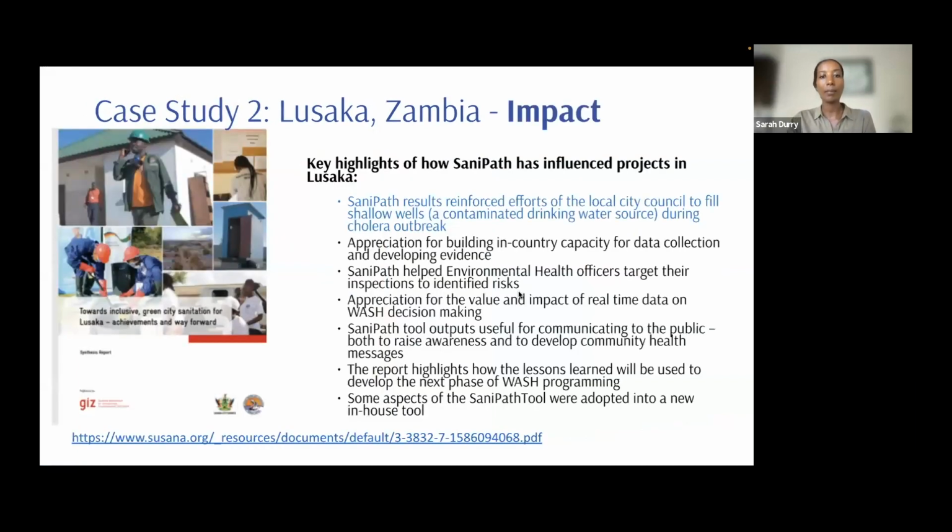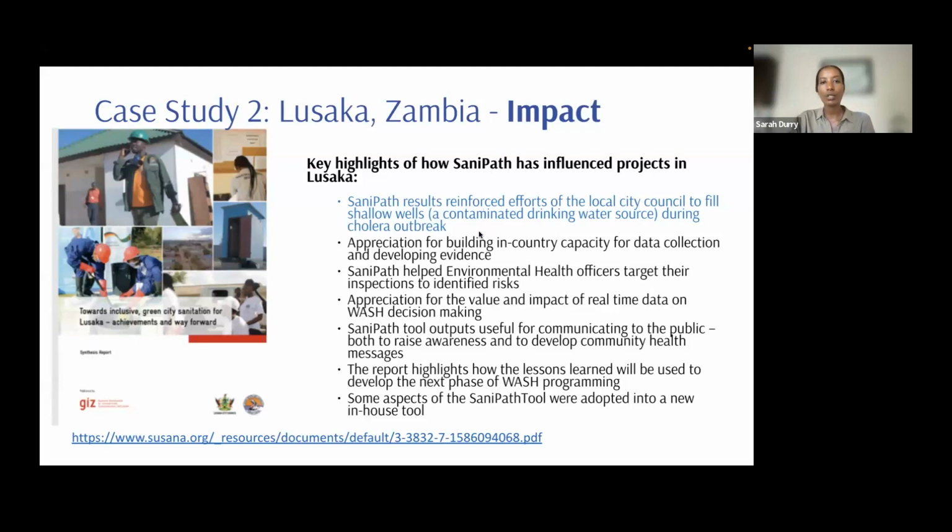So what was the impact here? In this case, the results from the SaniPath assessment tool really reinforced the efforts of the local city council to fill shallow wells, which we saw were a contaminating water source, and therefore hopefully would make a reduction in the cholera outbreaks.